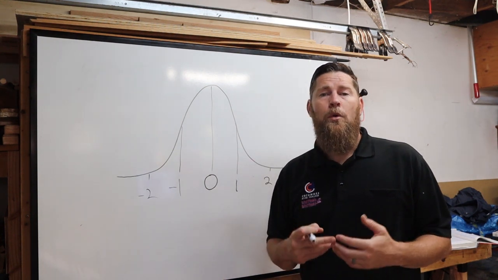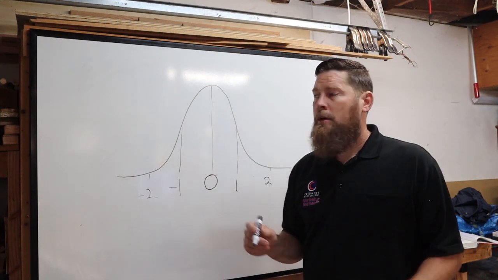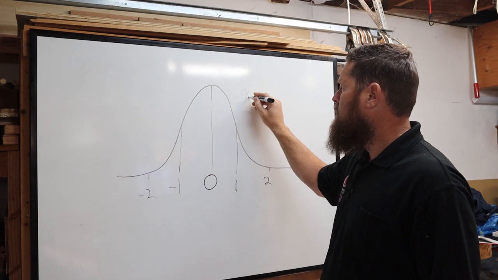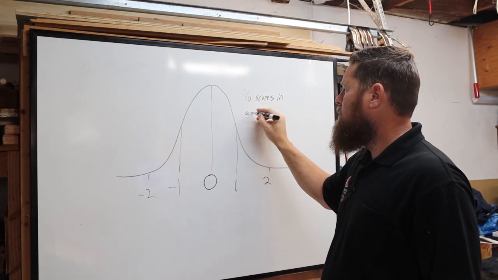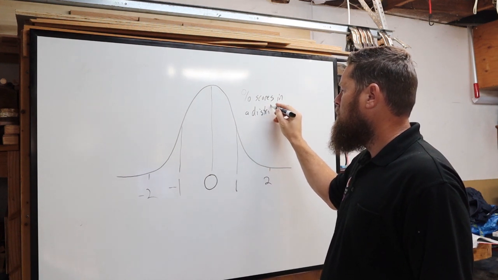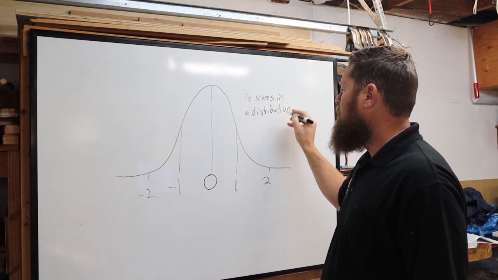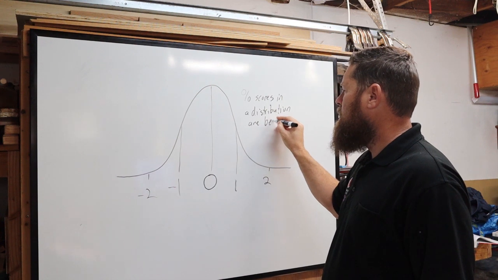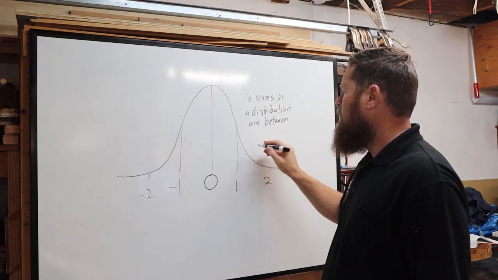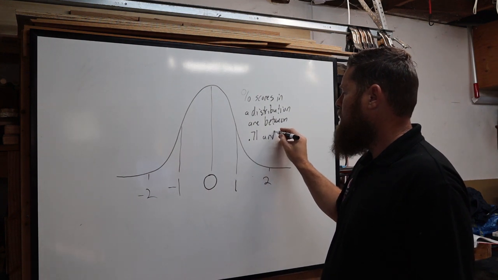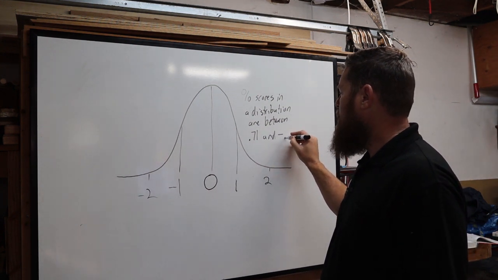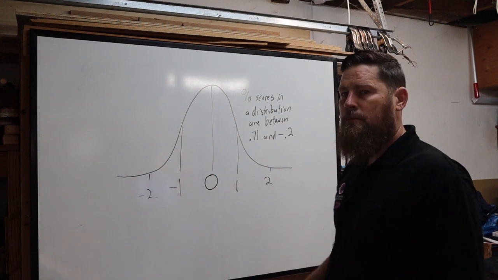Here's a question for you. What percentage of scores in a distribution are between 0.71 and -0.2?